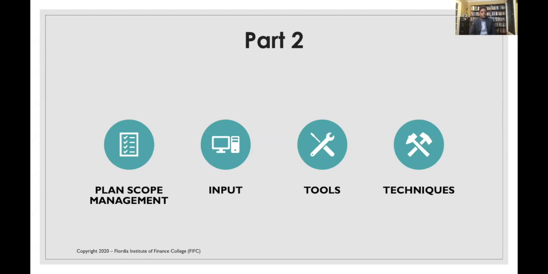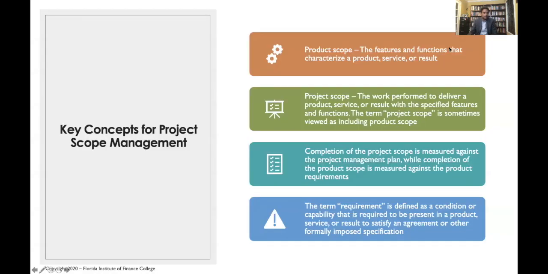We're going to discuss the inputs, tools, and techniques available for this process. Key concepts of project scope management we talked about, but we also need to identify the difference between project scope and product scope.